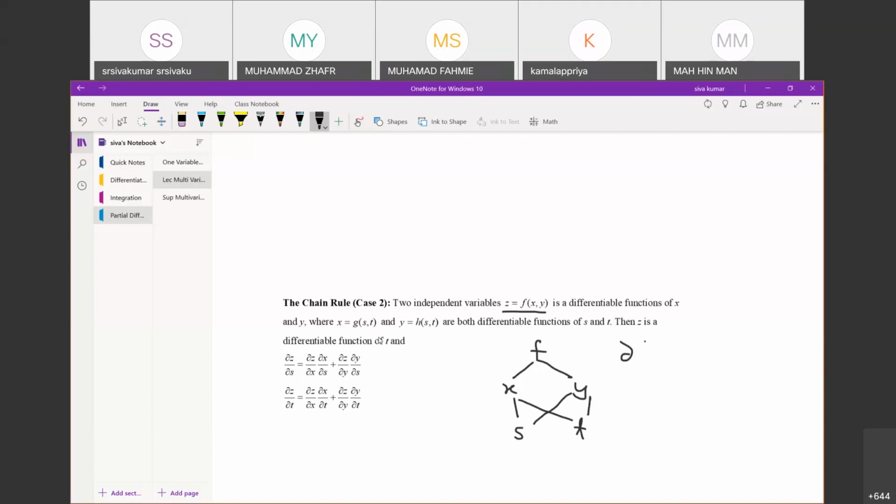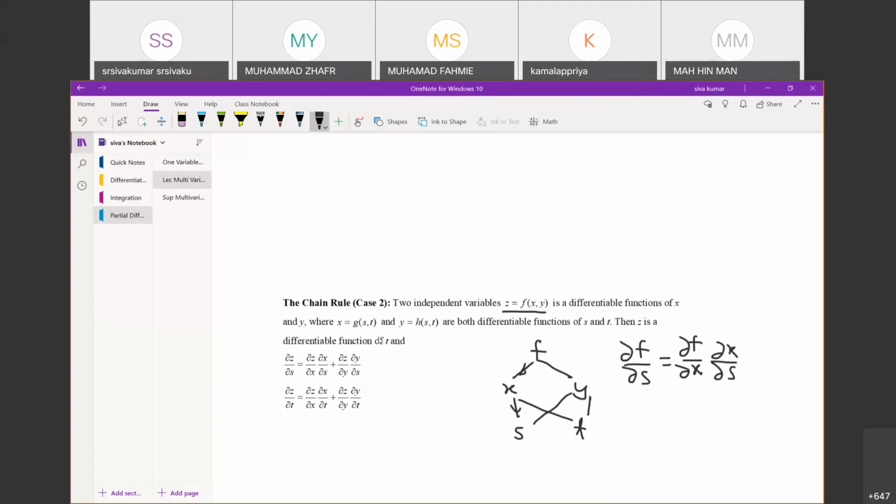You see, I'm building the things. Del f, del what you want, s. Let's say I choose s. Del f, del s. How do I go for this? There are two ways to go. I pick this del f, come down to x, therefore del f del x, and x coming to s, therefore del x del s. Can you see something very interesting?